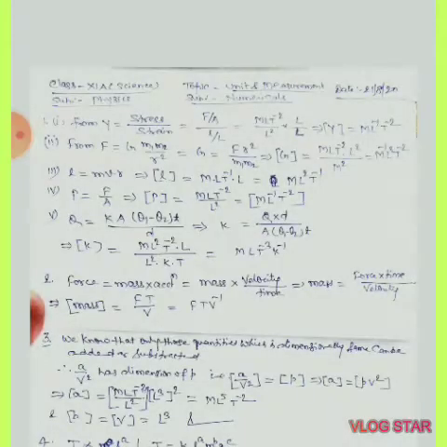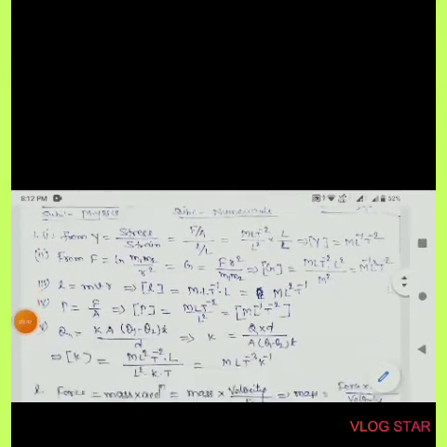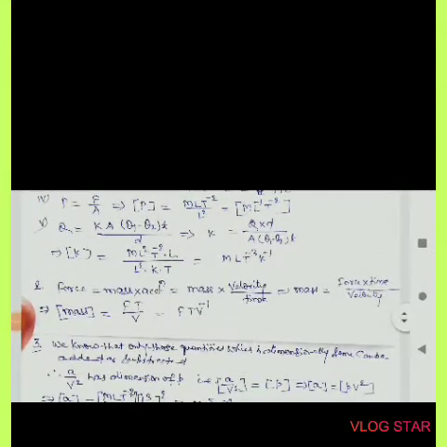See here, we know that force is equal to mass into acceleration, and acceleration is velocity upon time. From this, mass is equal to force into time upon velocity, which comes in terms of the base quantities as per the question. Now putting their values, we get the dimension of mass as F T V^-1.